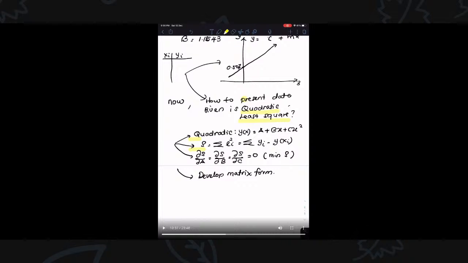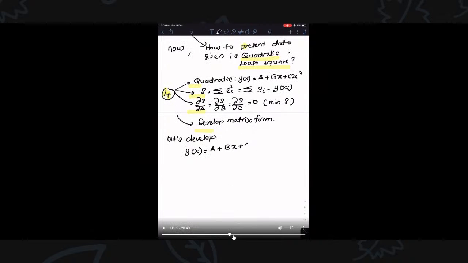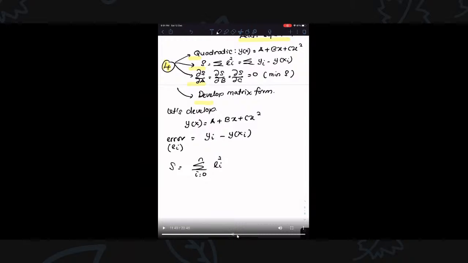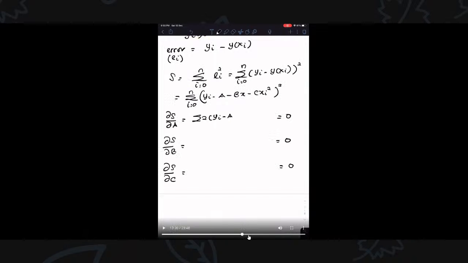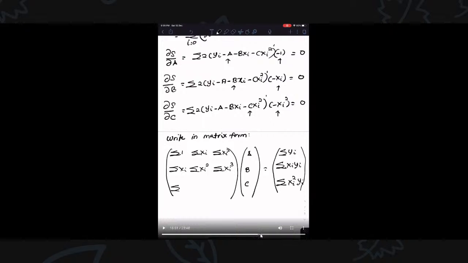Now we continue our journey using the quadratic least square method, because to make a good, accurate result, we represent the graph as a quadratic, or parabola. The steps are the same: we minimize the square error, taking the first derivative del S over del A, and the first derivatives with respect to B and C. We develop the matrix form by expressing these derivatives with respect to A, B, and C. The matrix is 3 by 3.